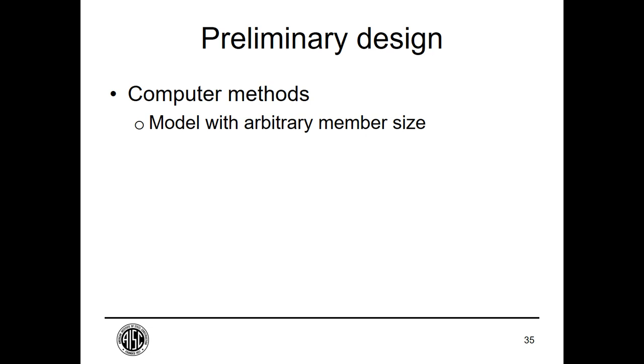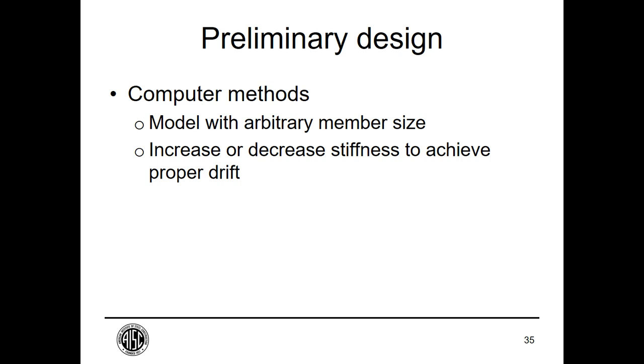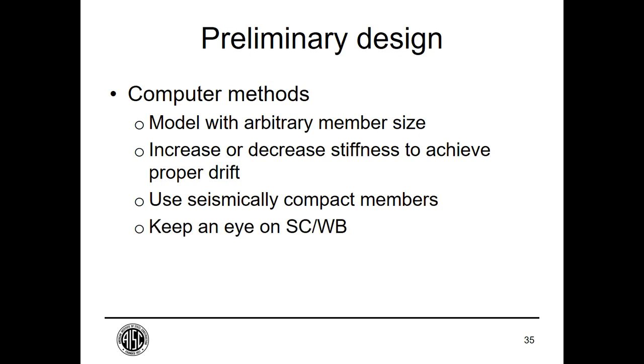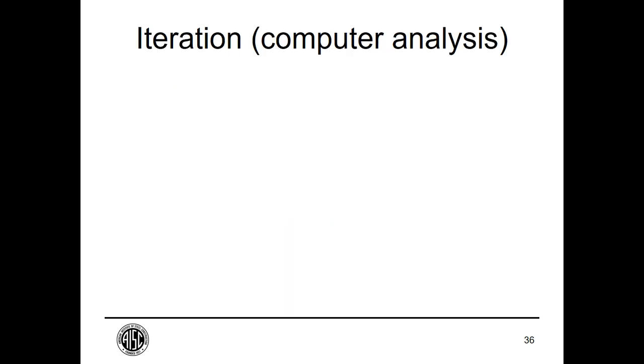So you could set up a computer model with some arbitrary size or some guess, and then increase or decrease stiffness to achieve the proper drift. Again, remembering to use the seismically compact members and trying to respect strong column, weak beam proportioning.